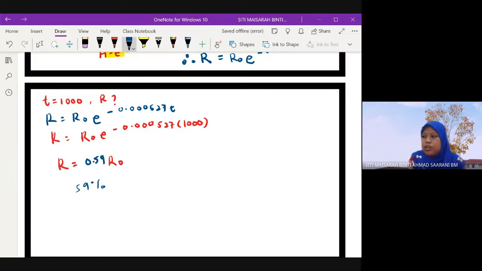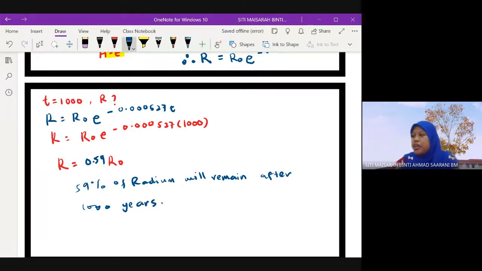So 59% of radium will remain after 1000 years. So maksudnya dia punya yang masih tinggal tu adalah 59% R naught lah daripada original amount dia.